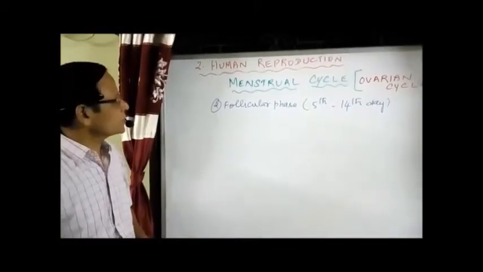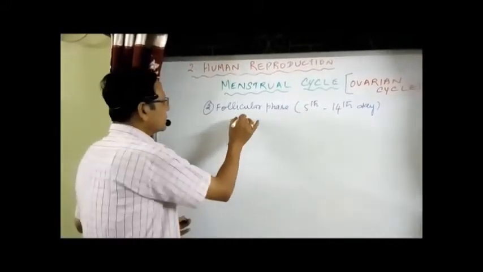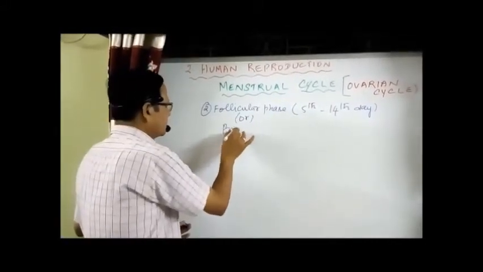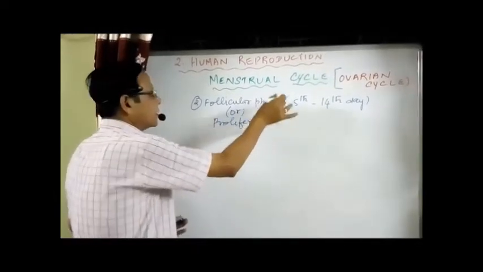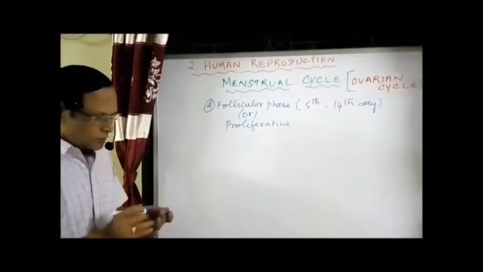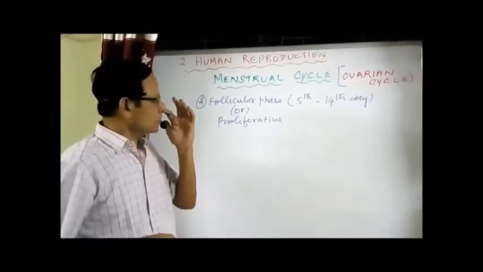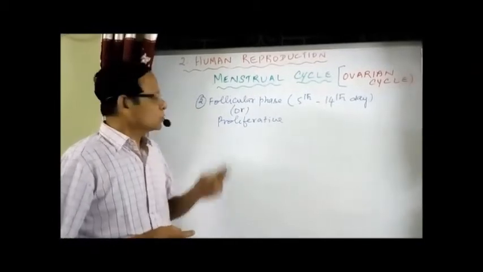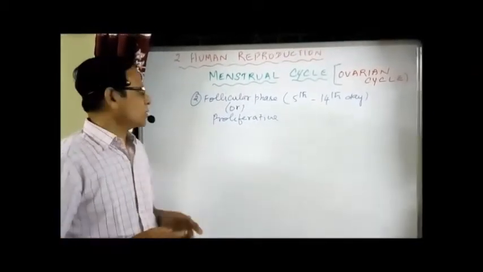Now the second phase of the menstrual cycle, the follicular phase or proliferative phase. It extends from the 5th to the 14th day, roughly about 10 days. So what is happening? Changes occur both in the ovary and in the uterine wall.